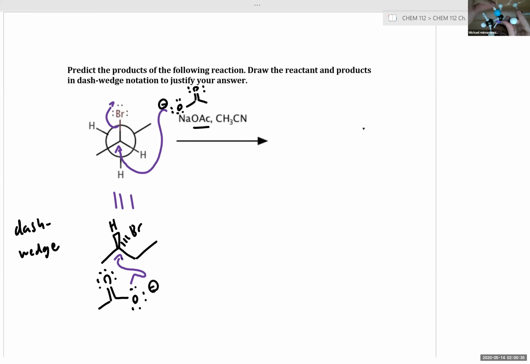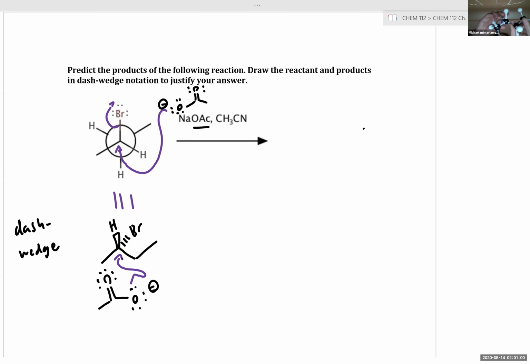Is this the front face or the back face? Relative to us, if I put this nucleophile right here, would it be towards or away from us? This blue sphere, which is our nucleophile, is pointing towards us, right? Okay, so the attack occurs.